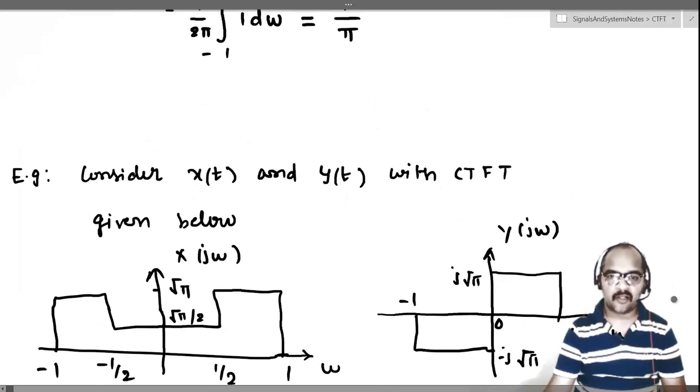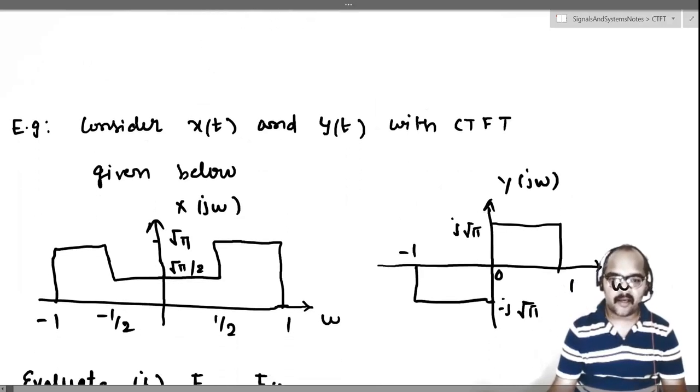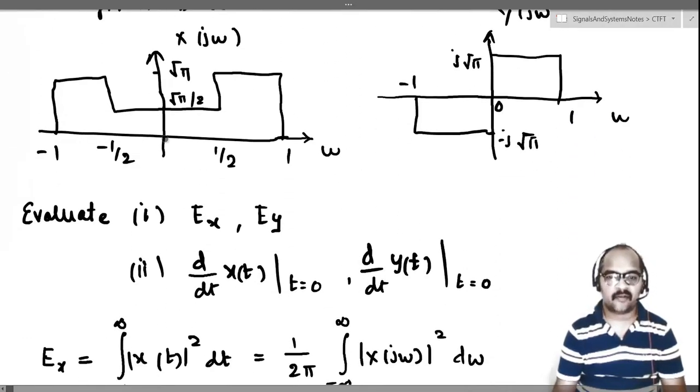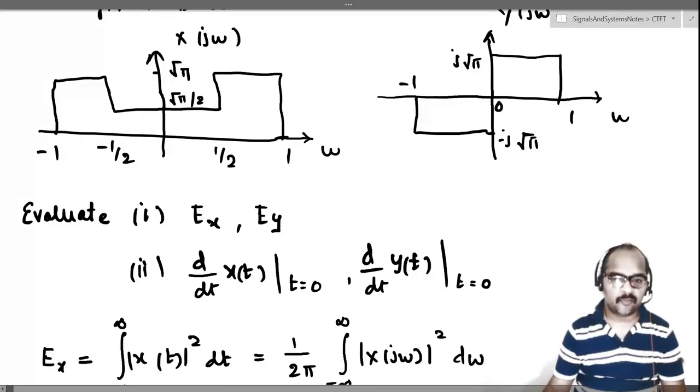If you look at the function here, x of j omega is this, correct? This fellow is real and even, so no need to put modulus. But this function exists from where to where? -1 to +1.